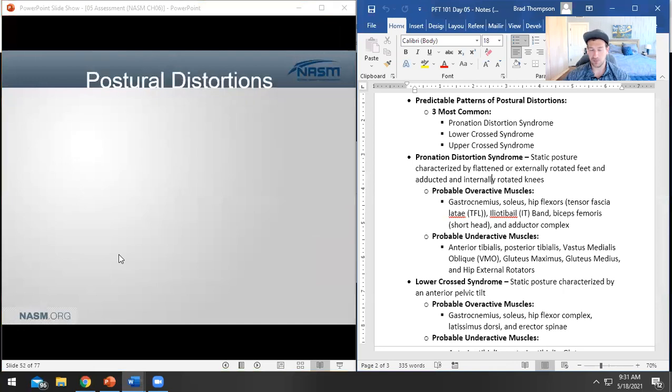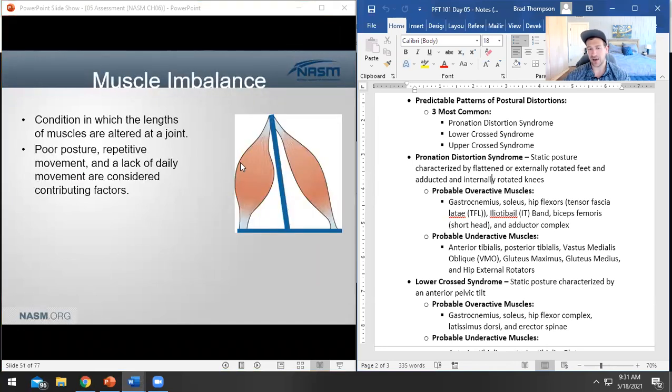So a muscle imbalance, like I said, you can kind of see here, right, is where there is one muscle on one side of a joint that's pulling way harder than it's supposed to be, and another muscle on the other side of the joint that's not pulling enough, right? You've got an overactive shortened muscle over here and an underactive lengthened muscle over here. By the way, I'm not sure which term they will ask you on your tests.